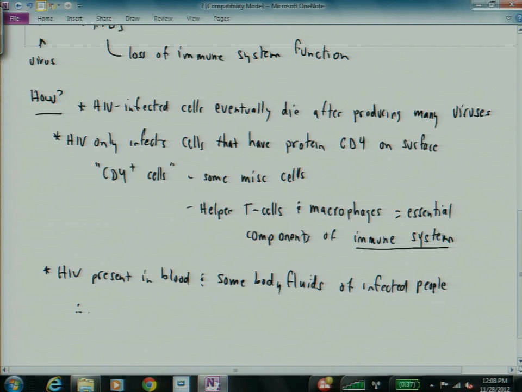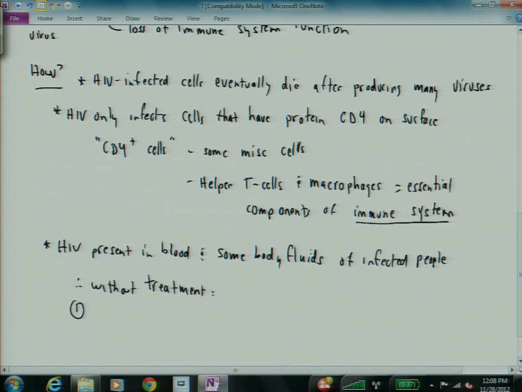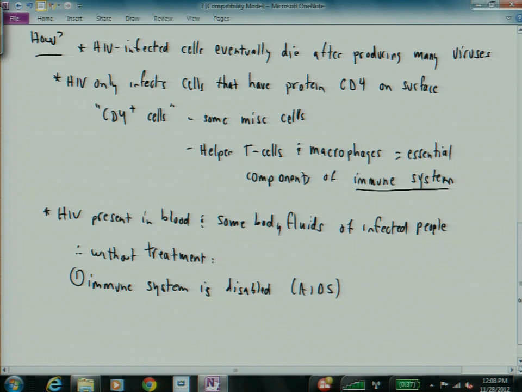Therefore, without treatment, several things happen. Number one is that your immune system is disabled. That's what AIDS stands for now. It was first discovered when people had a compromised immune system. So your immune system gets disabled because key cells in it are killed off.